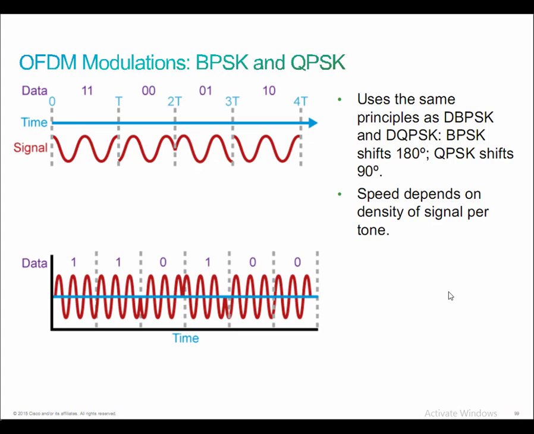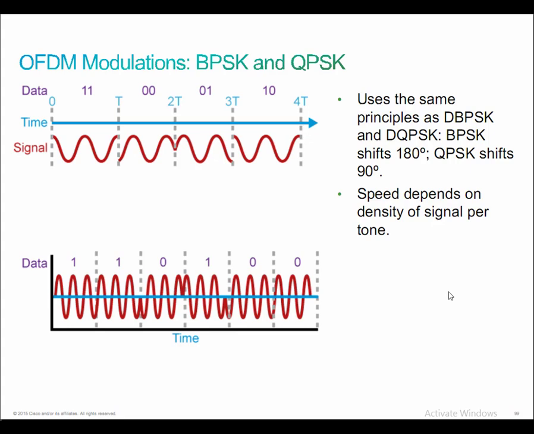Now there are several ways to represent these digits within a tone. The simplest way is to use your binary phase shift keying. Slightly different than the DSSS binary phase shift keying that we saw with the DSSS modulation.